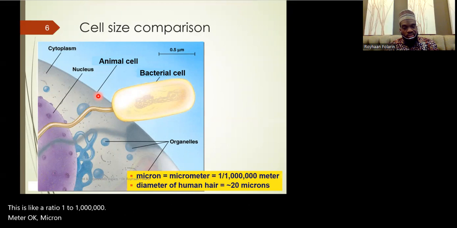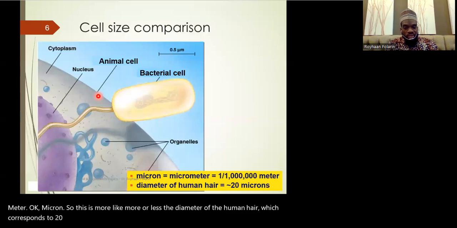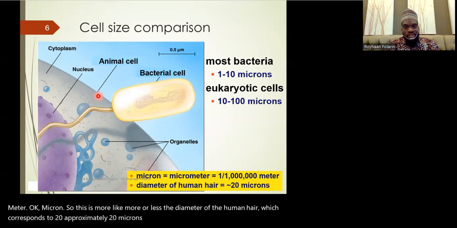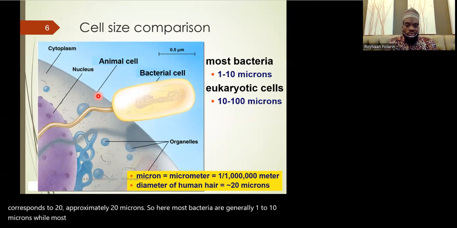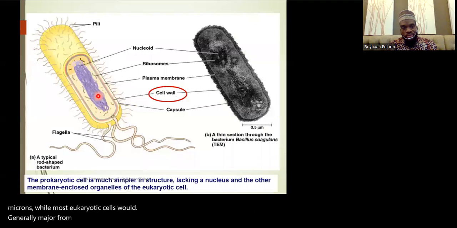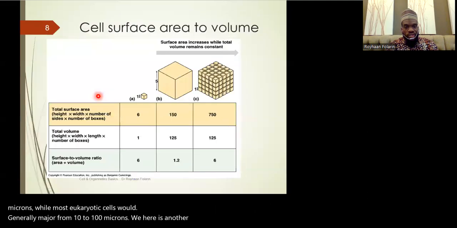This is more or less the diameter of a human hair, which corresponds to approximately 20 microns. Most bacteria are generally 1 to 10 microns, while most eukaryotic cells generally measure from 10 to 100 microns. Here is another typical illustration of that.